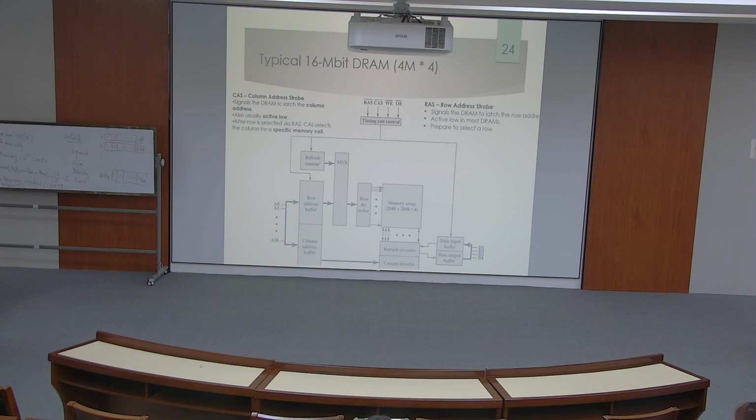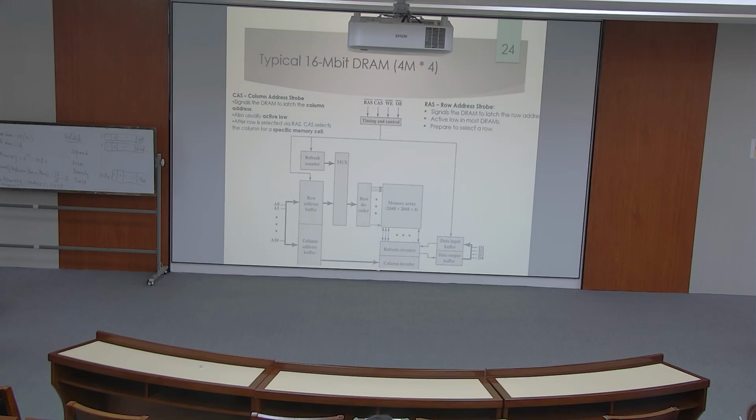So this means that, in summary, this diagram on the screen shows an internal organization of a type of DRAM chip, which specifies a 16-megabit DRAM arranged into 4 million words, and each word is 4 bits.